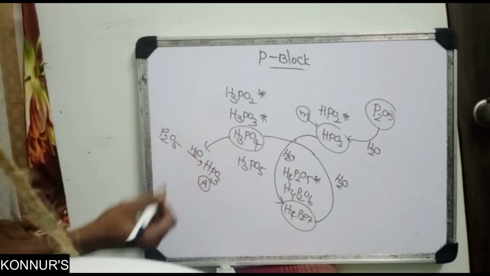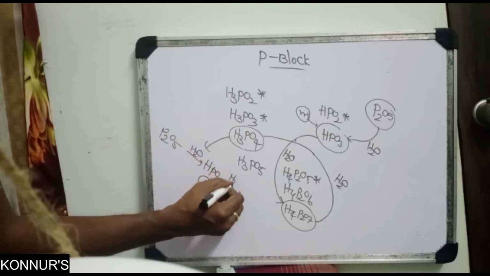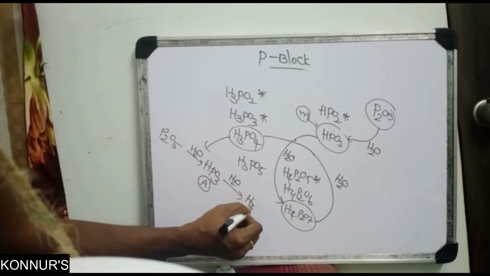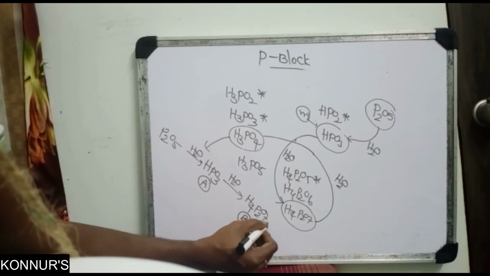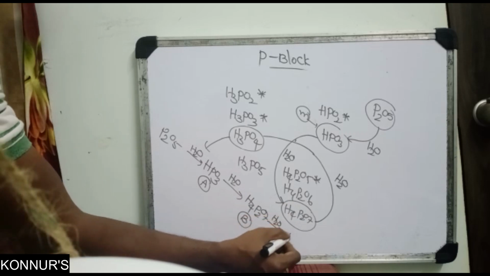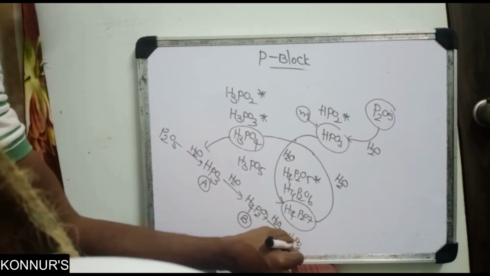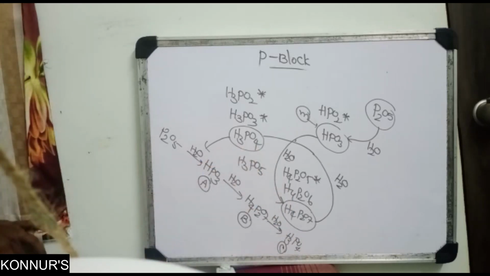In examination they will put it as a question. Next, with water you get H4P2O7, pyrophosphoric acid. Now treated with water, lastly you get H3PO4. Otherwise the reverse also.